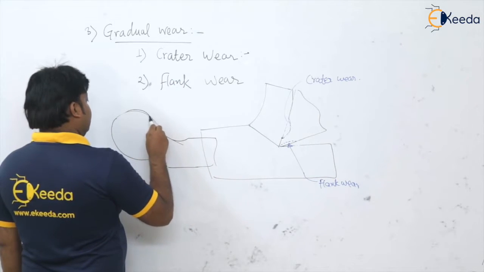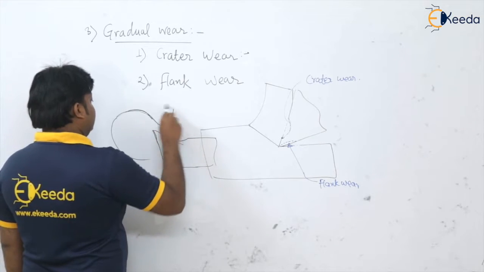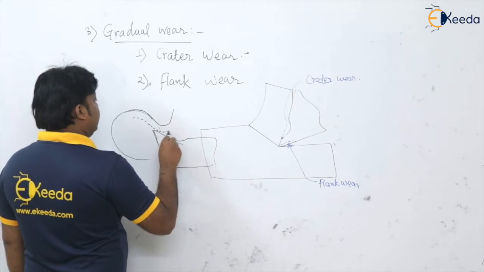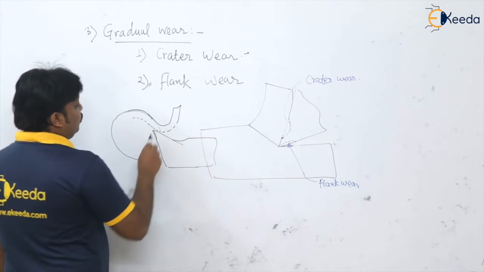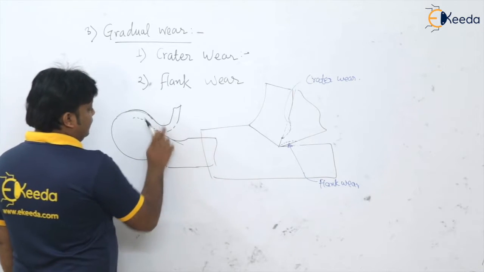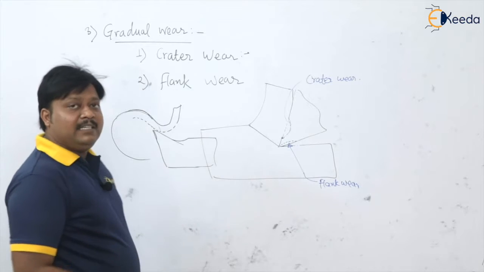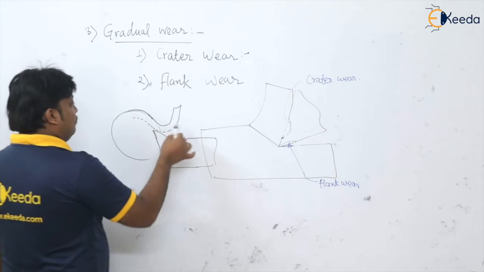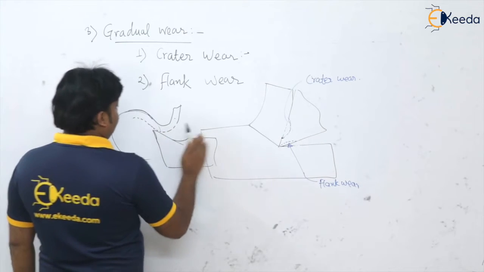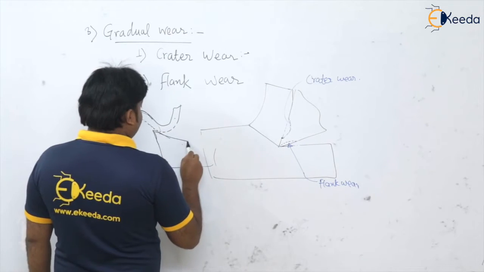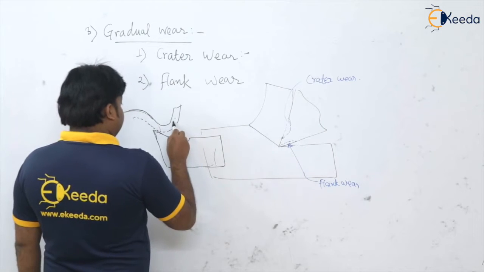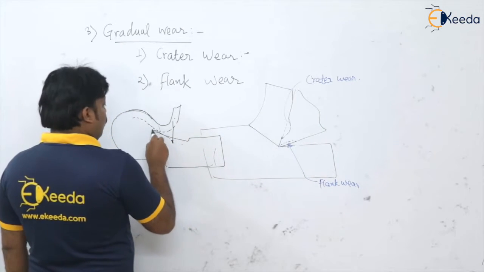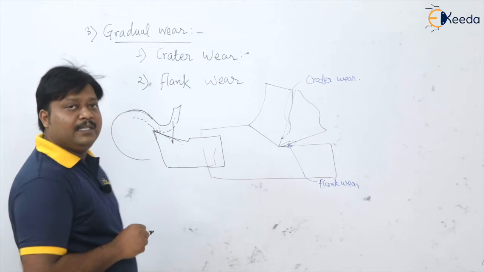If this is the workpiece, this chip is getting lifted upwards because of this upward force which is given by the tip of the tool. After some time, because of its self weight, it is going to fall down onto the rake face of the tool, isn't it?